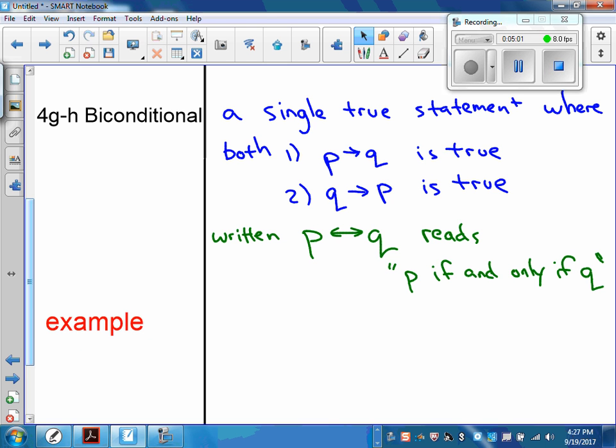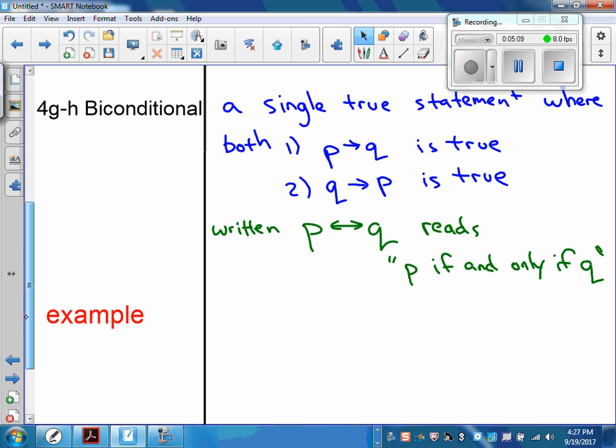Looking at an example, a lot of times these if and only if biconditionals, some of the best examples, are related to definitions. So we're going to use the right angle.